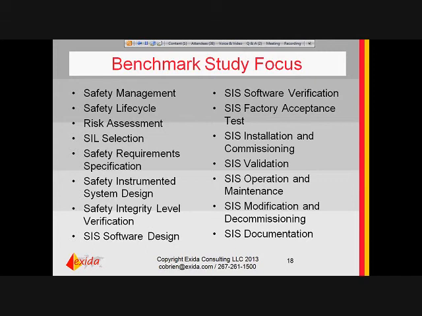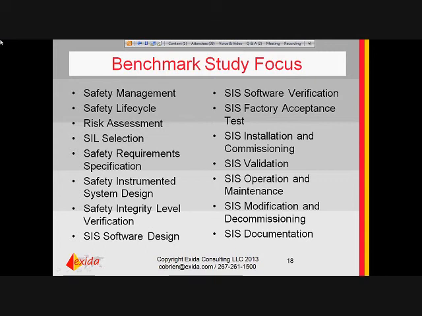that the standard addresses. So overall safety management, the implementation of the safety lifecycle that's compliant with the standard, and then as you get into that, you'll have risk assessments, SIL selection or determination, documenting your hazards with safety requirement specs. Then we go into safety instrumented system design and safety integrity level verification.